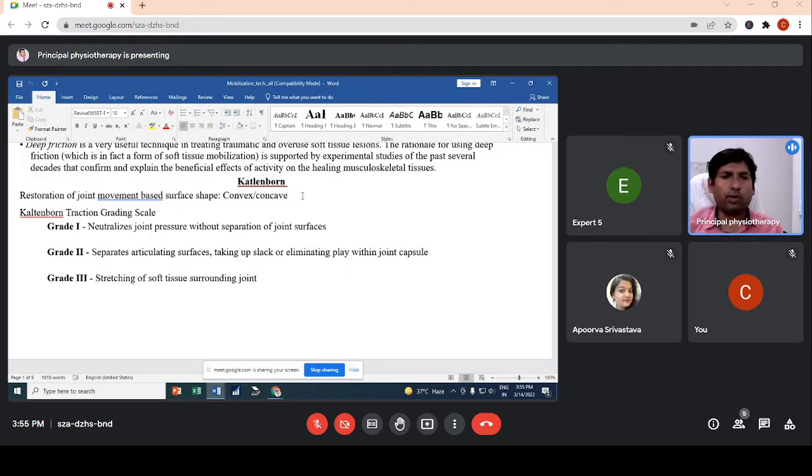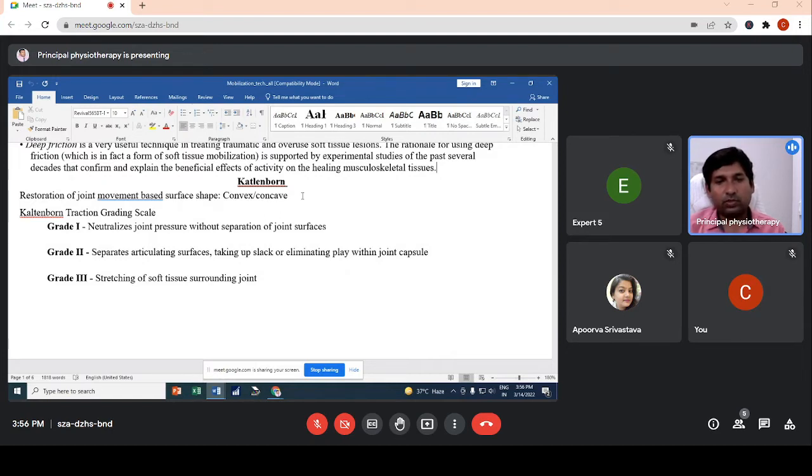It's a very mild form of traction we provide over the limb, so that it neutralizes the joint pressure and there is no separation of the joint surface. But in grade 2, we separate articulating surfaces, taking up slack or eliminating play within the joint capsule. In grade 3, we provide a stretching of the soft tissue surrounding joints.